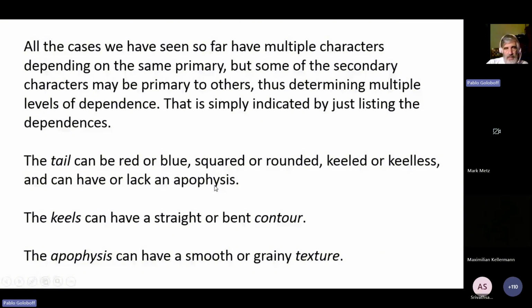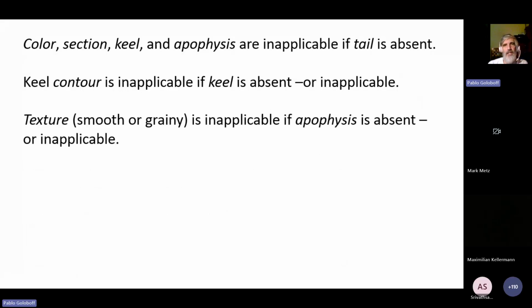If it has keels, the keels can have a straight or bent contour. And the apophysis, if it's present, can have a smooth or grainy texture. So color, section, keel and apophysis are inapplicable if the tail is absent. The keel contour is inapplicable if the keel is absent or inapplicable. And the texture, smooth or grainy, is inapplicable if the apophysis is absent or inapplicable.